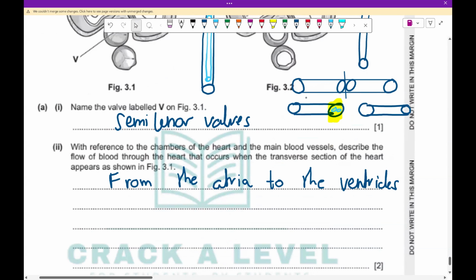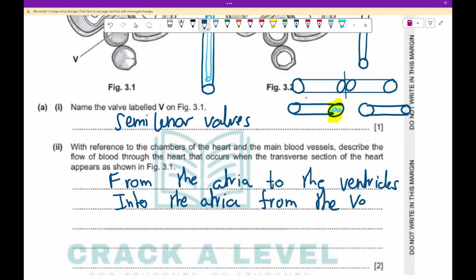And we can also say into the atria, the vena cava and pulmonary artery, that's what is coming from the lungs to the heart, right?